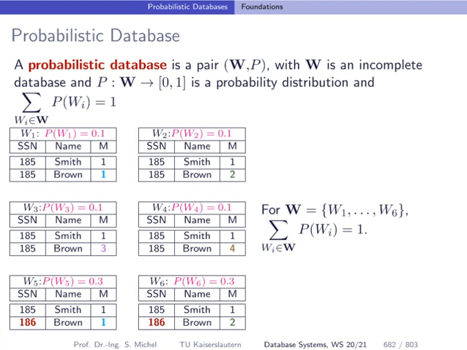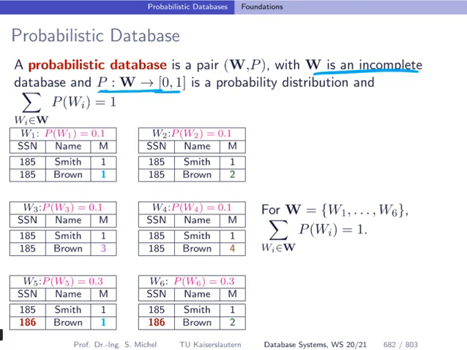So now how do we come to probabilistic databases, starting from these uncertain databases or incomplete databases? Well, a probabilistic database is simply an incomplete database with a probability distribution for the individual worlds. So every world gets a probability assigned.